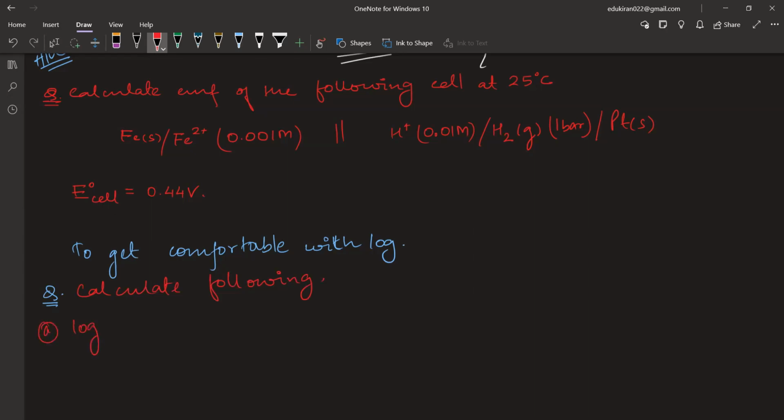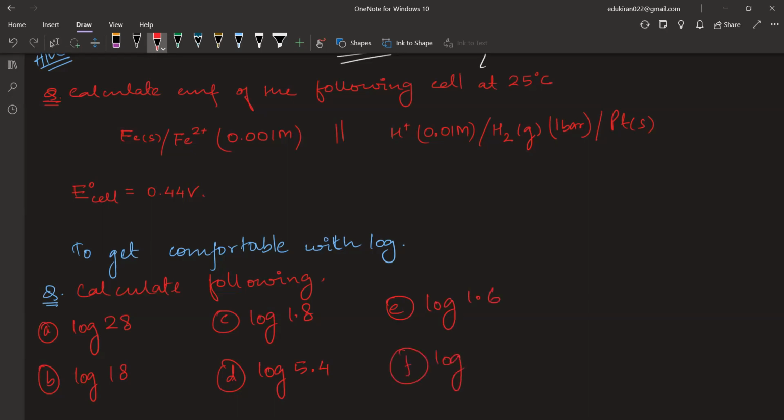A part log of 28, B part log of 18, C part log of 1.8, D part log of 5.4, E part log of 1.6, F part log of 6.4. Okay, so this is your homework, and you will make a PDF and send it to me on WhatsApp.